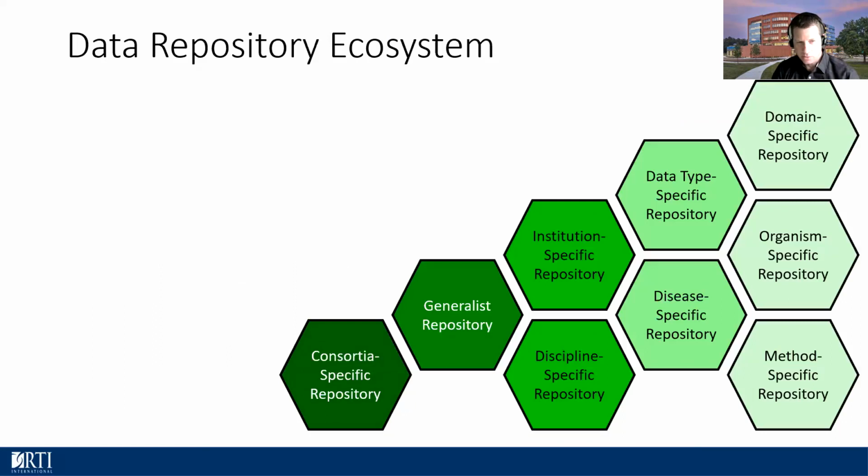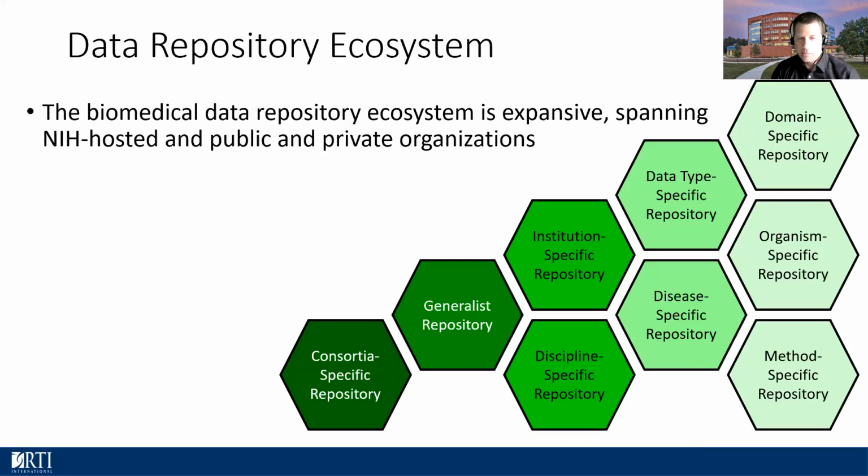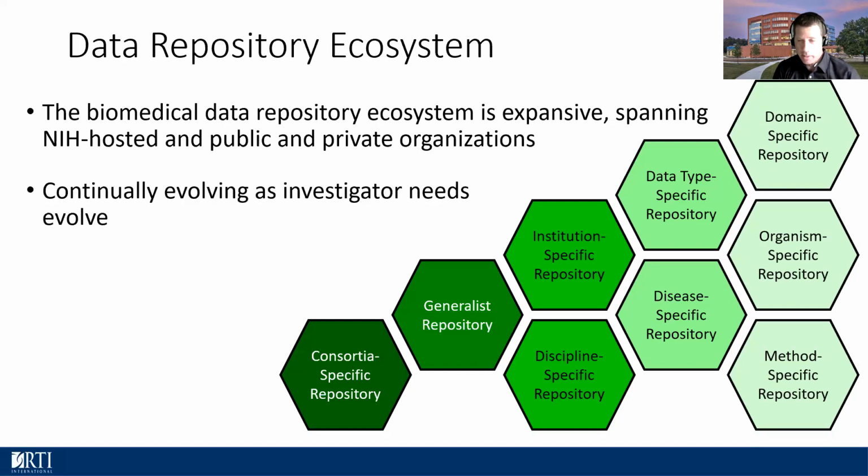If you can advance this one more. So there are many, many different types of repositories that are available, and the number of biomedical data repositories is growing. They can be hosted by either the NIH or by public or private institutions. Next bullet. The landscape of available repositories is continually evolving, and it responds to the needs of the investigators.